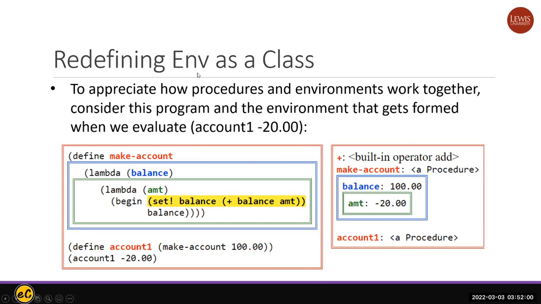So here we define Env as a class. We have the yellow one, set balance plus balance amount. Here, this one is the local label. Then you have the green Env, then the blue Env, and then the red Env. It's a different level of the Env. So Env will be a parameter passed to different functions.